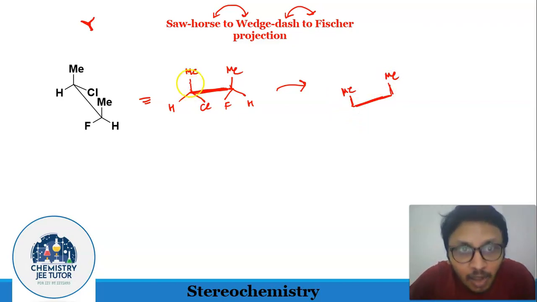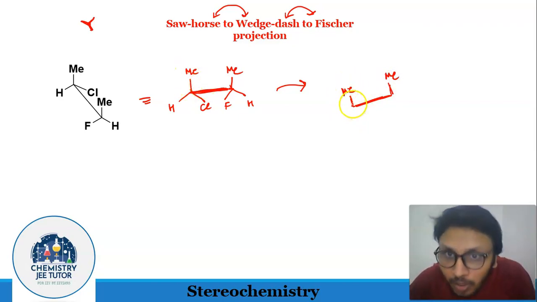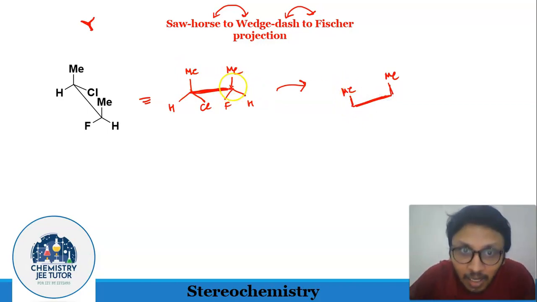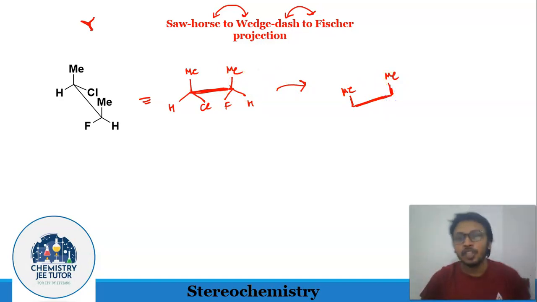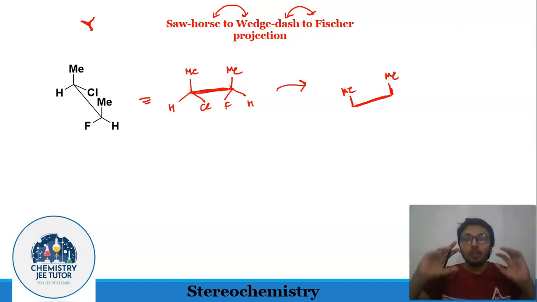See, the methyl is on the above side here. I put it on the above side of this line. Again the methyl, the tail is on the above side here. I put it on the above side in a wedge dash projection. Don't change this conformation. If you change this conformation, the whole trick fails. This trick is designed in such a way that you don't have to change the conformation. Never change the conformation.